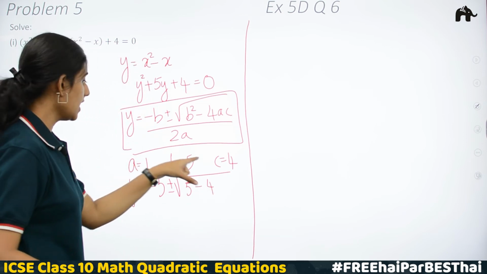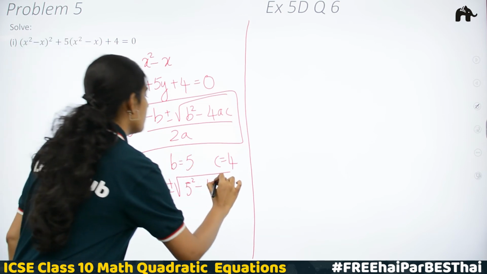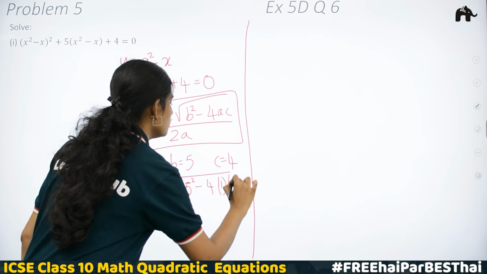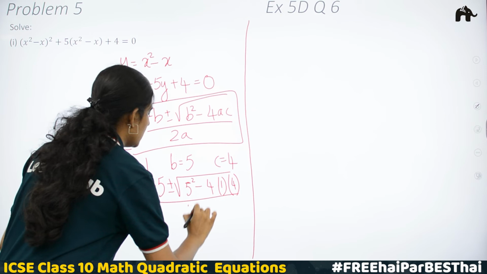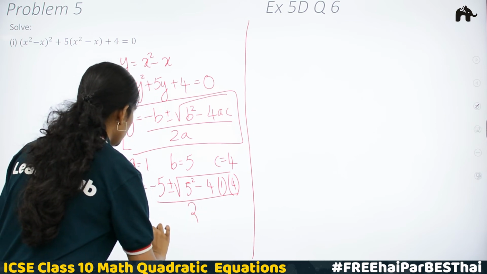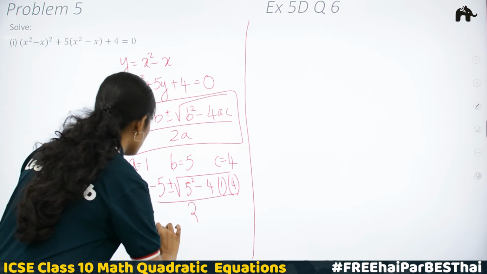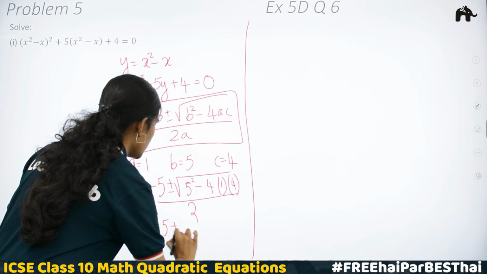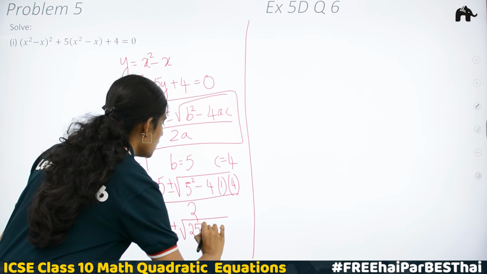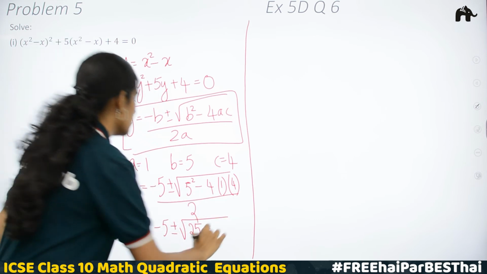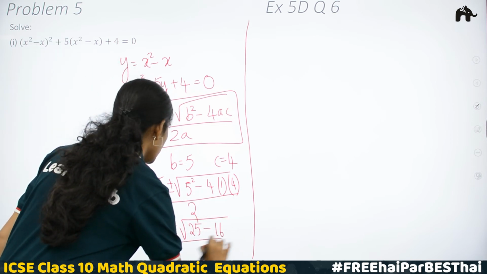A is equal to 1 and c is equal to 4. 4 into 1 into 4 divided by 2a. 2 into 1, that is 2. Y is equal to minus 5 plus or minus root of 5 square is 25 minus 4 into 4, 16 divided by 2.